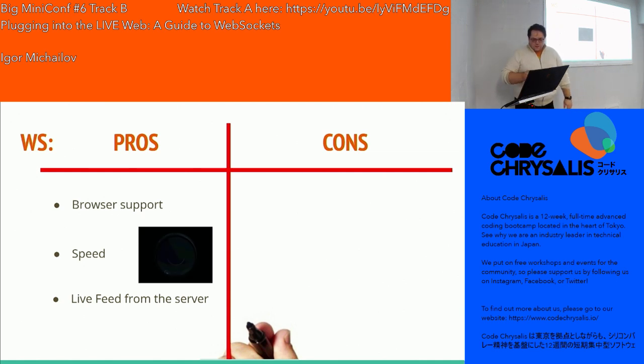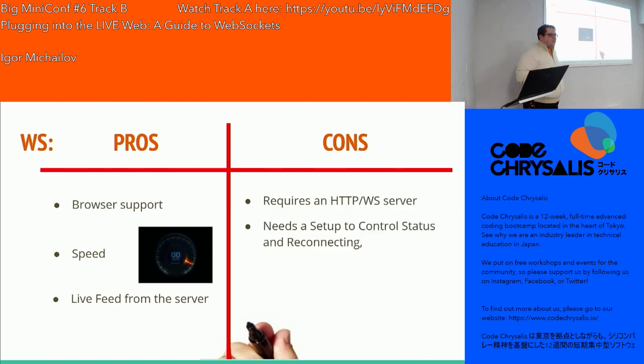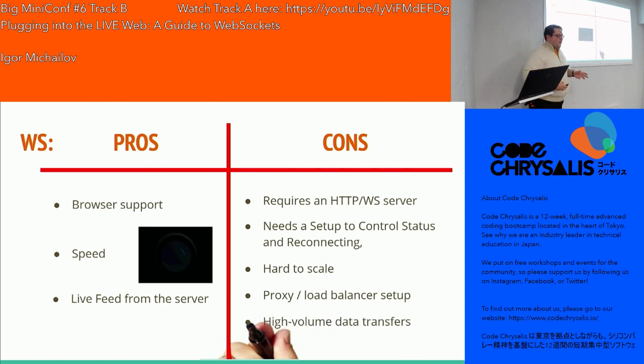The cons that I wanted to mention is that because they start off with an HTTP request, that means you have to have a dedicated HTTP and WebSocket server. If we're talking, for example, about online games, usually they don't use HTTP requests. They have their special sockets created for game processing.